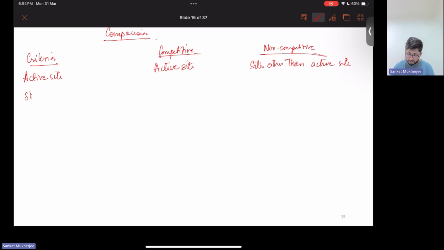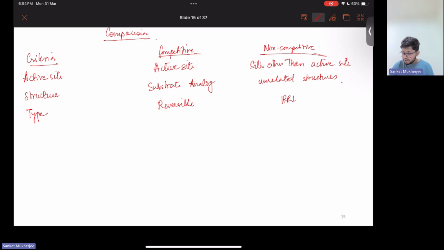The structure, if we look at, they are substrate analogs in competitive inhibitors, and in non-competitive, they are unrelated structures. Fine. Inhibition type, they are reversible, and here they are usually irreversible.